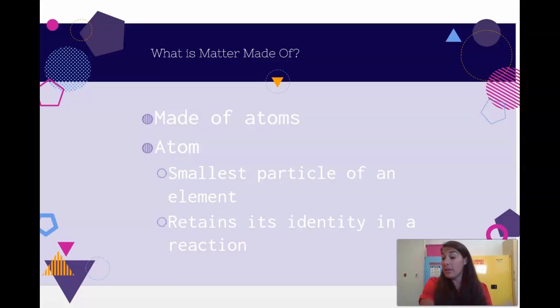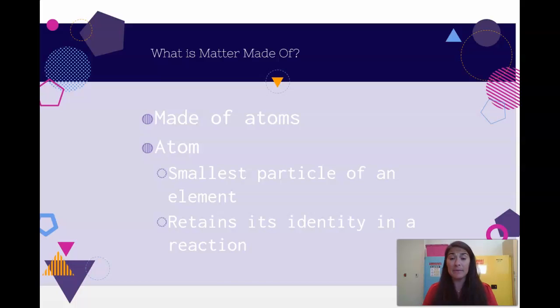Yes, there are smaller things, protons, neutrons, electrons, but the atom itself is what identifies the element, right? So an atom of carbon is different than an atom of gold, which is different than an atom of silver. Protons, neutrons, and electrons are in there, but they are making the atom, and it's the atom that identifies that element.